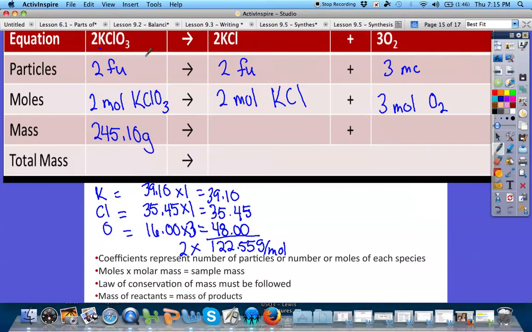Now, we don't have any other reactants, so this is going to be the total mass of our reactants as well. For potassium chloride, we're going to look up the average atomic masses and then multiply by the number of atoms.